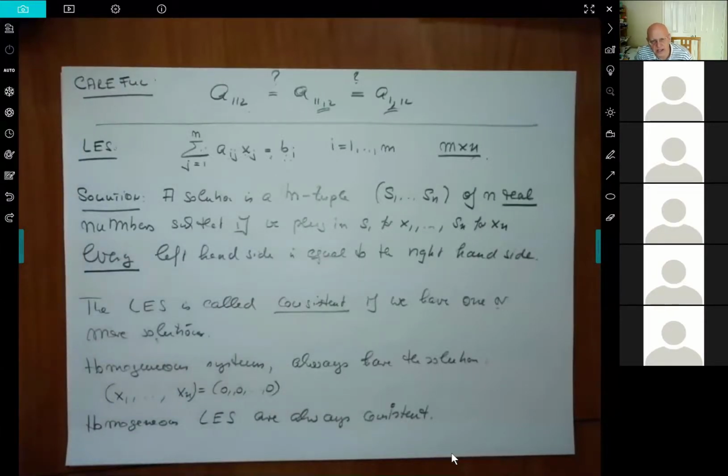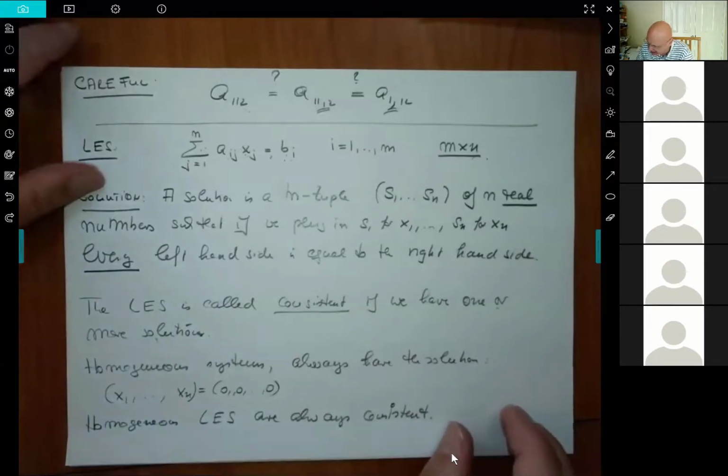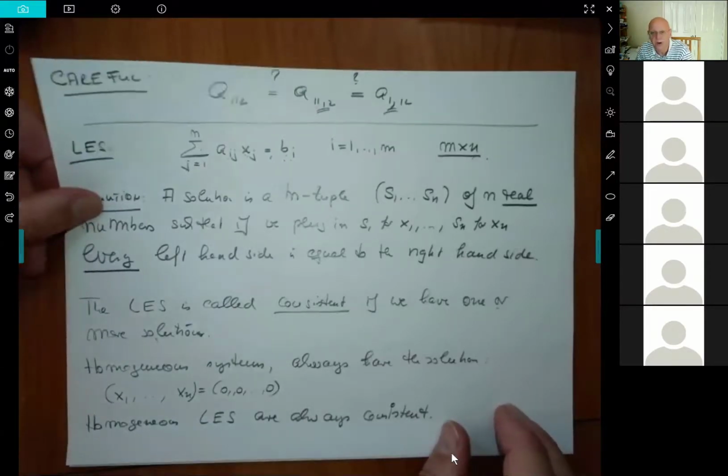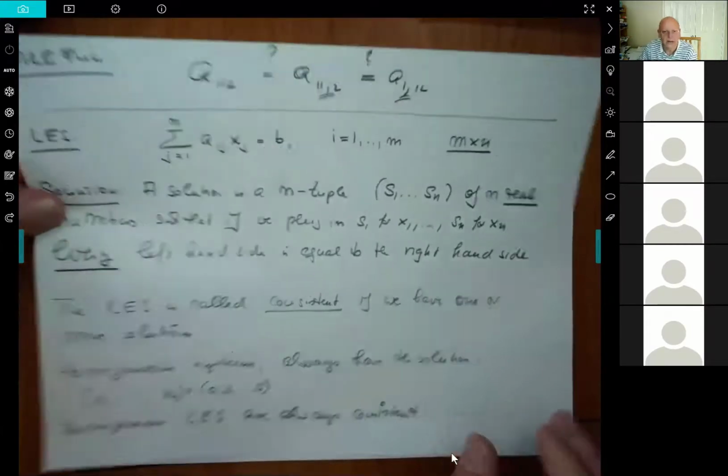In general, it looks like it's very complicated, but for the 2x2 case, which we have seen before, it seems like it's very easy. So we go to the 2x2 case and look for the different cases we have. And again, I hope you have actually seen this before in college algebra or pre-calculus, but I just like to go over to remind you what can actually happen for the solutions of a linear equation system.